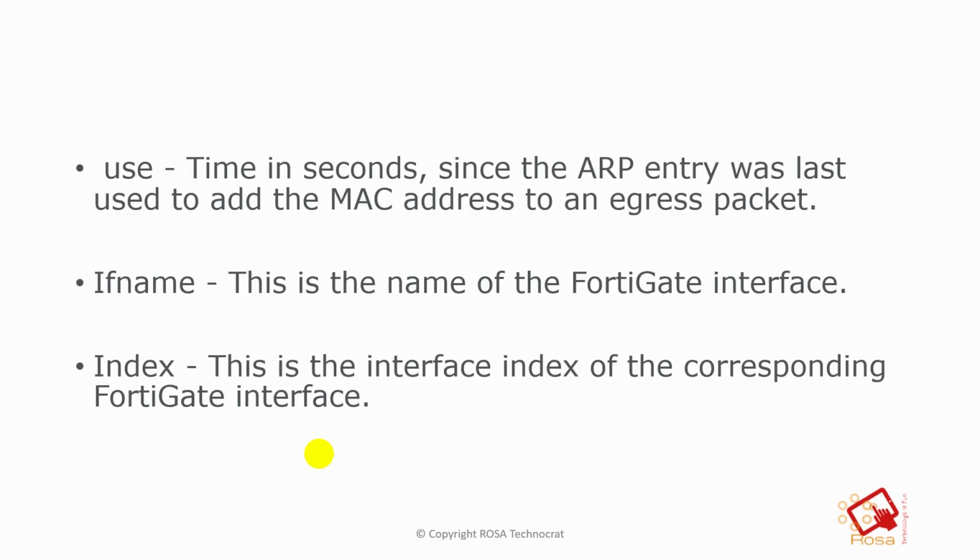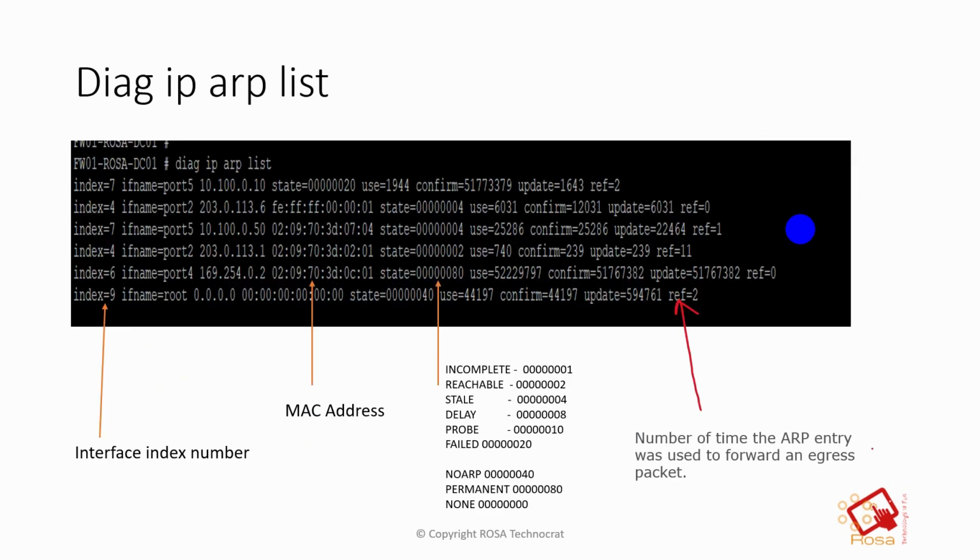Now, as I explained earlier, use is the time in seconds since the ARP entry was last used to add the MAC address to an egress packet. I'm sorry, I said something wrong. I told it for update, but use is something else.